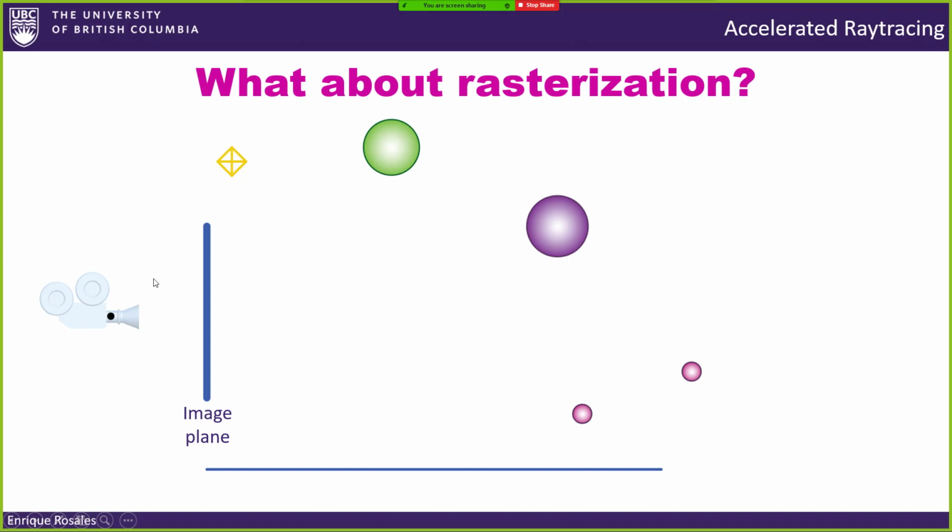But with these space partition techniques, we are seeing the problem from the camera to the objects. So a brilliant idea is, what about just doing it backwards? What about iterating each object, and now seeing the problem as, let's tell the objects to tell the pixels?